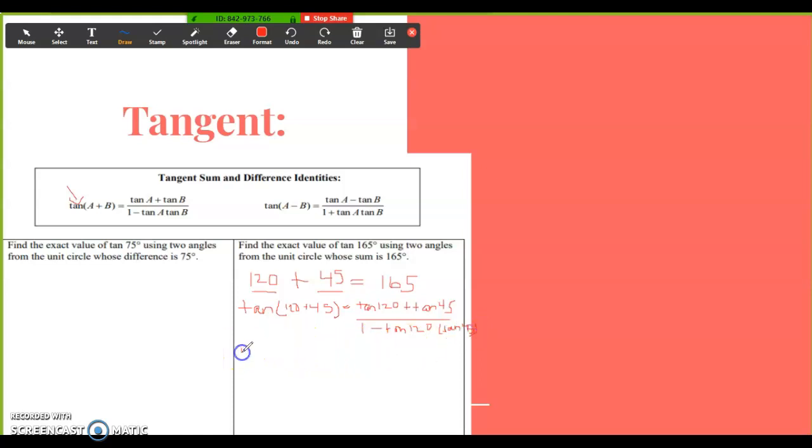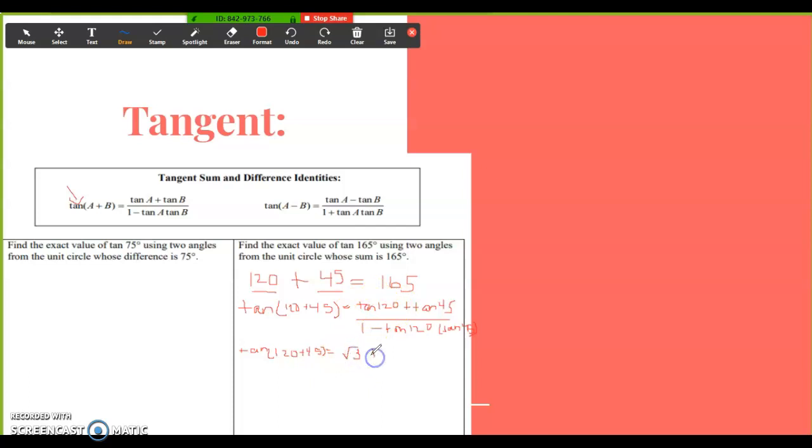And what I'll get is, when I simplify this down, now mind you, we know these values because we just did it. The tangent of 120 we know is radical 3.